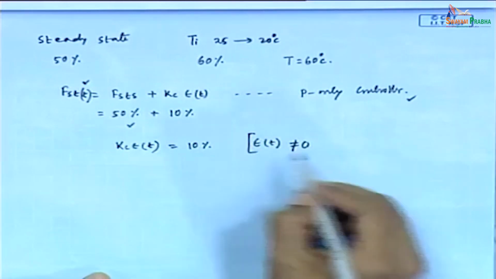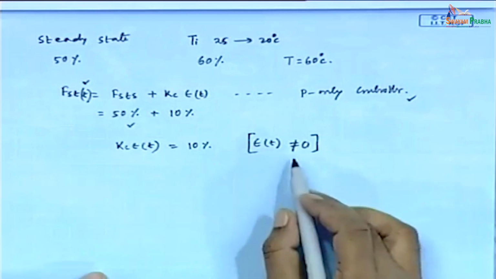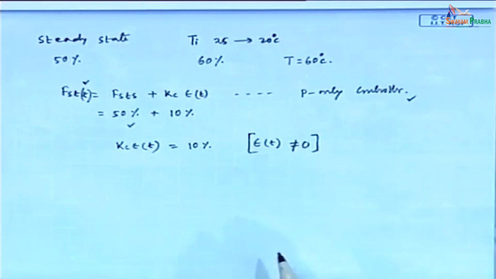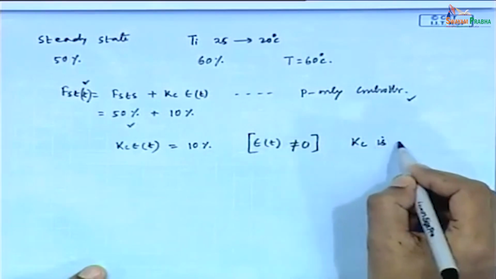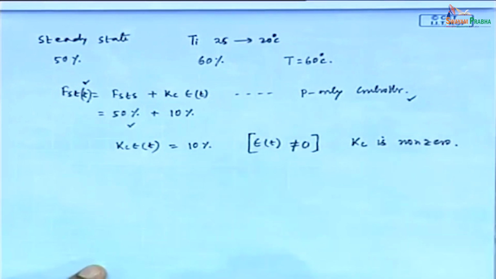If Kc epsilon(t) equals 10%, then epsilon(t) is not equal to 0, because the controller gain is non-zero. Since Kc is non-zero, epsilon(t) is not equal to 0.